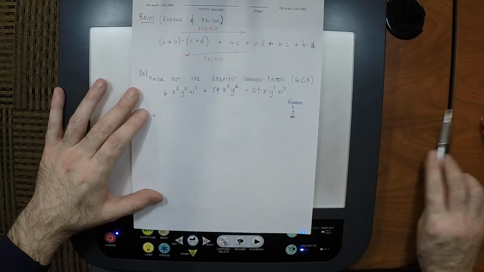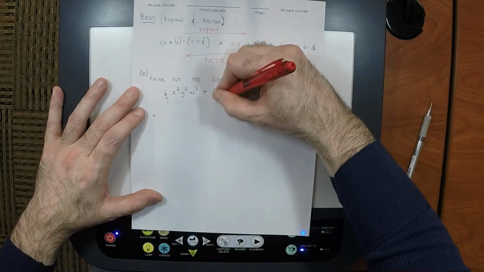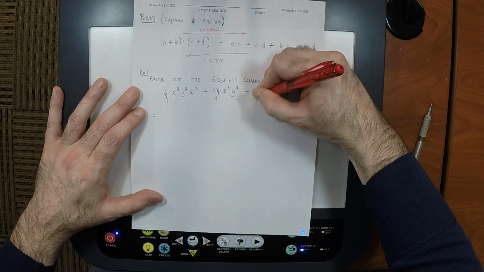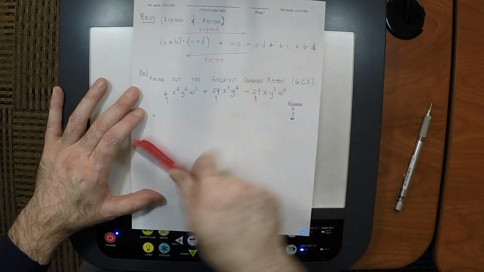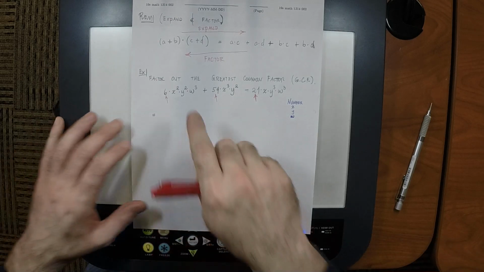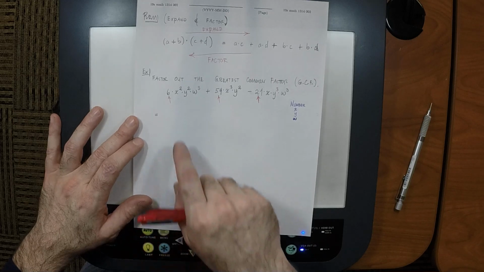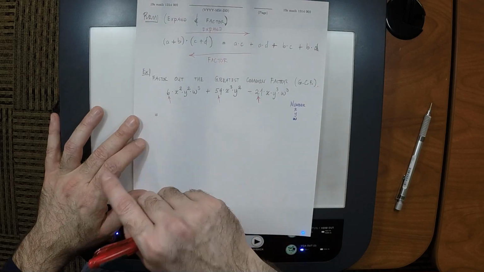So just concerning the numbers, meaning this 6, 54, and 21, is there an integer that is common to all 3 of them, a factor? 3 is common to all of them, right?